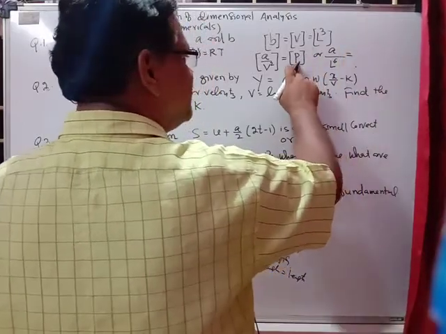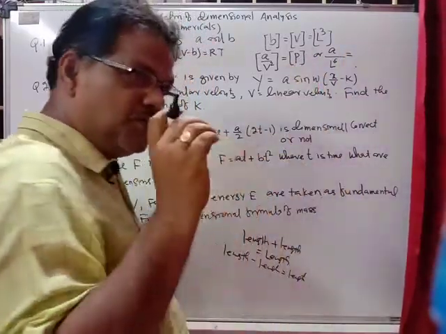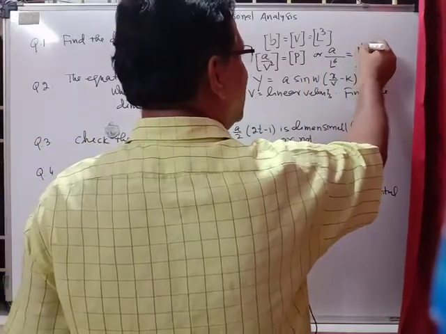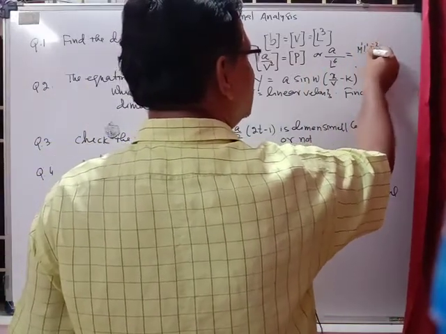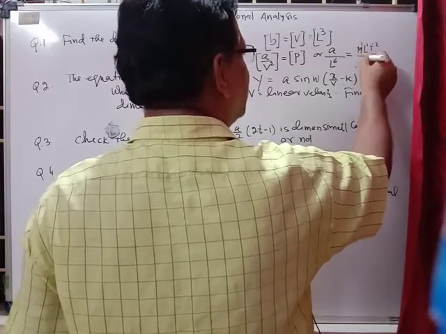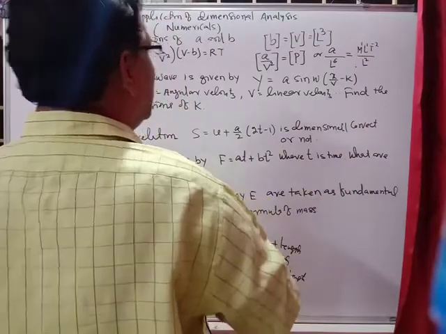What is the dimensional formula of pressure? Pressure equals force upon area. You know that force equals M1 L1 T minus 2, and area is L2.